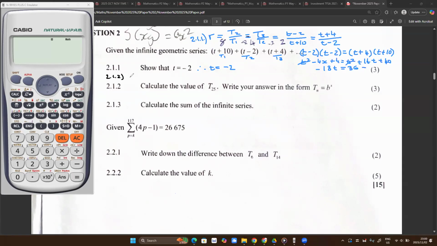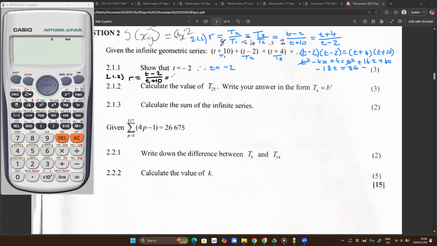So we know that our ratio is T2 over T1. And so that is T minus 2 over T plus 10.